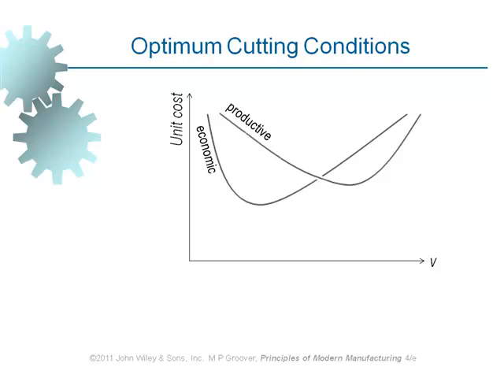If you want to make money on the basis of high production, then this is the one to be used, otherwise that's the one to be used. And for each set of these, there is a minimum. Take a look at this curve.